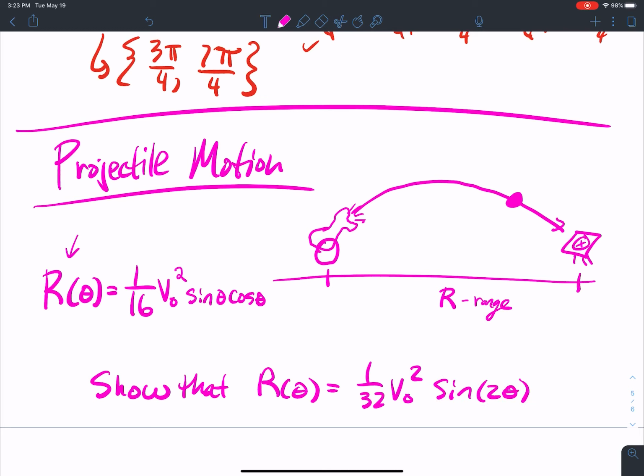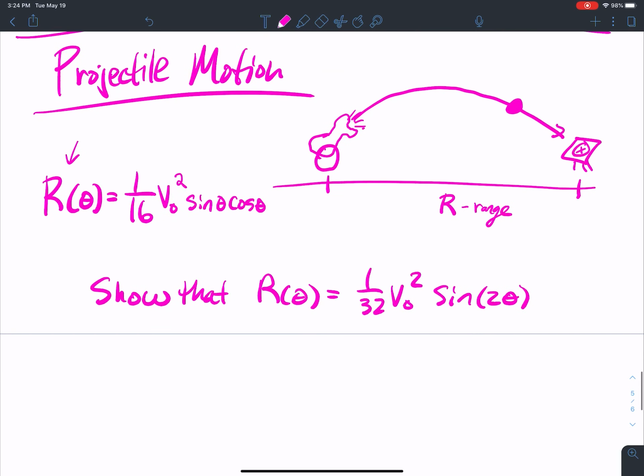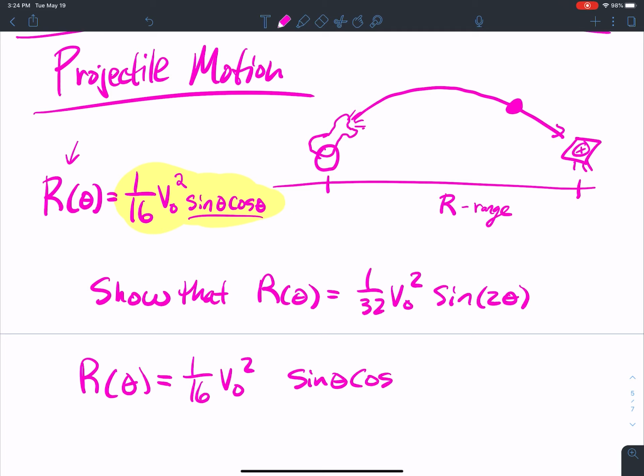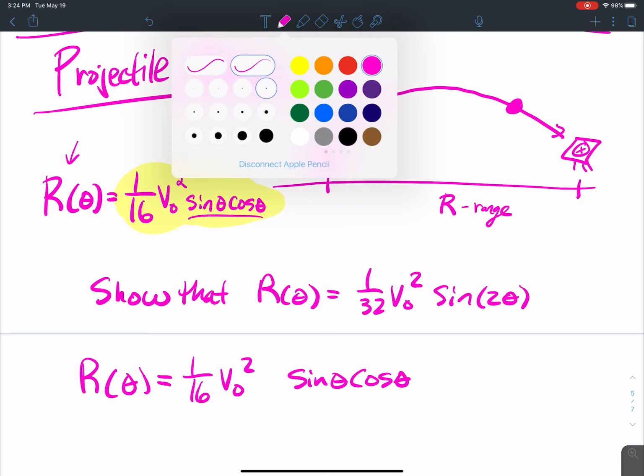Okay? Well, what do I need to have a sine 2 theta in there? Right now, this is what I have, right? I've got sine theta, cosine theta, right? So r of theta equals 1 over 16 v naught squared. Now, I'm missing a 2. If I had a 2 sine theta, cosine theta, I'd be done, right? So why don't I just put it in?